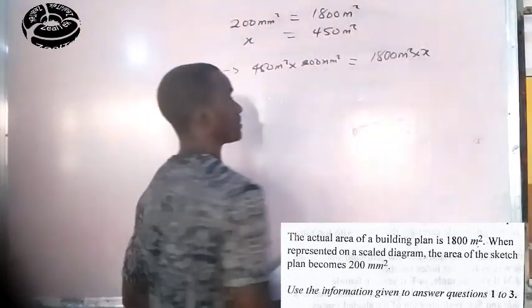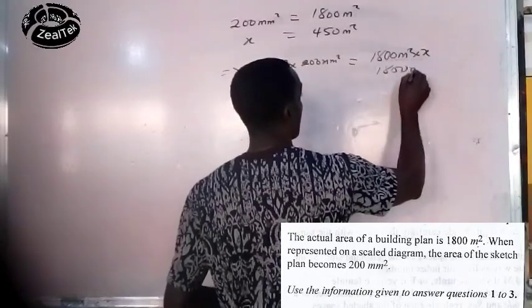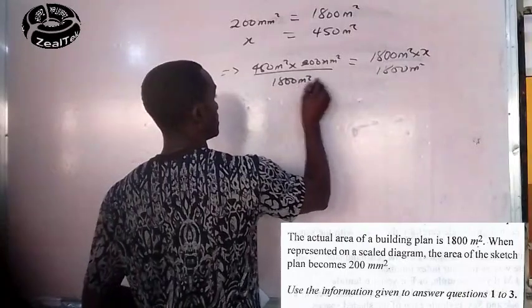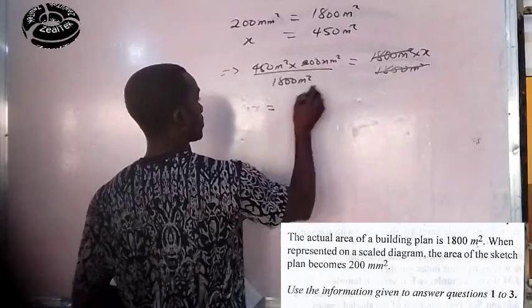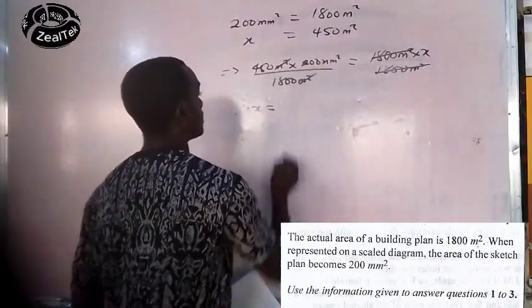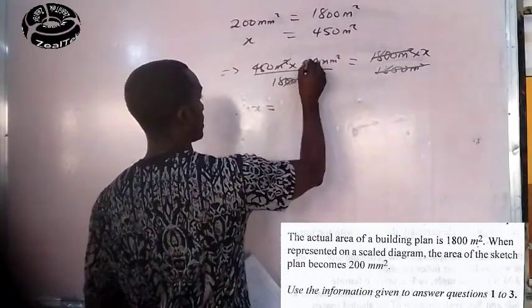We can now simply divide this by 1,800 meters square, and here 1,800 meters square. And this one is eliminated. We are left with x is equal to what? This one takes away this one. Alright? 0 cancel 0 cancel 0. Then we have 2 here gone.